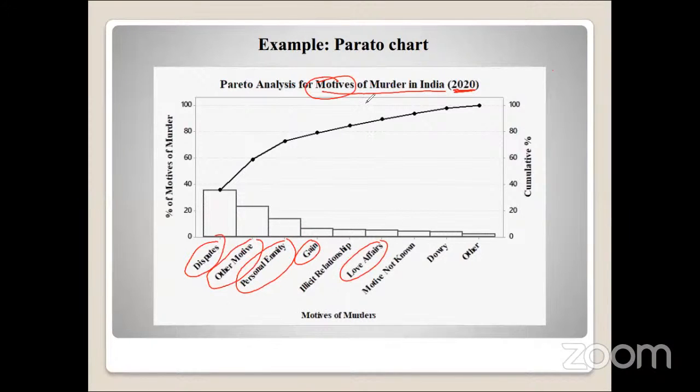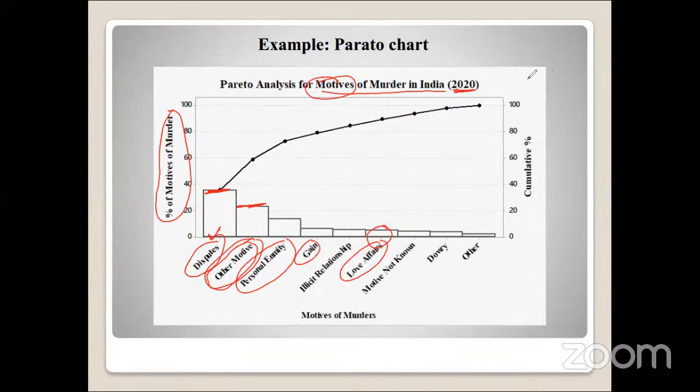These are different types of motives due to which murders were caused. Here, percent motives means you can say 40% of murders were due to family disputes. We can say 25% of the murders were due to other motives, and due to love affairs, around 10% of the murders are done.